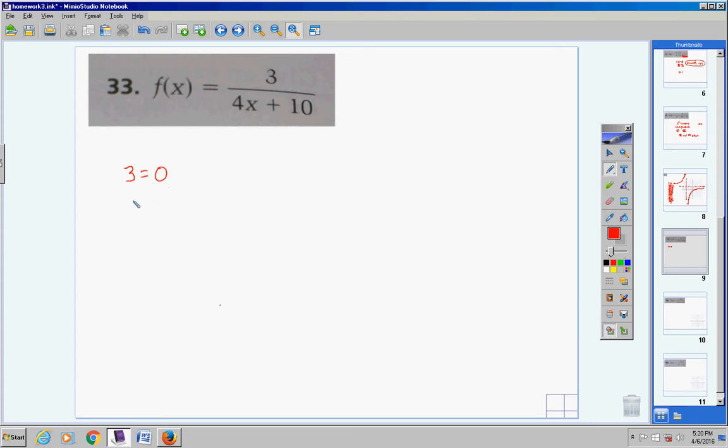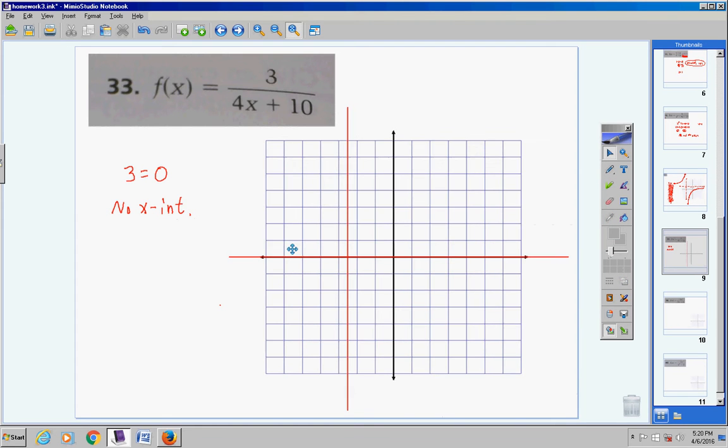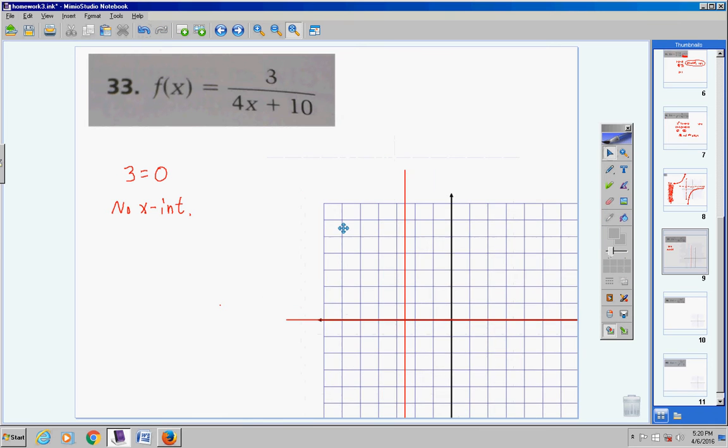There's no variable to solve for, so there will be no x-intercept. Which, can I say something real quick? That makes sense, doesn't it? Don't we have a horizontal asymptote right here on the x-axis? So how could there be any points on this thing, okay?